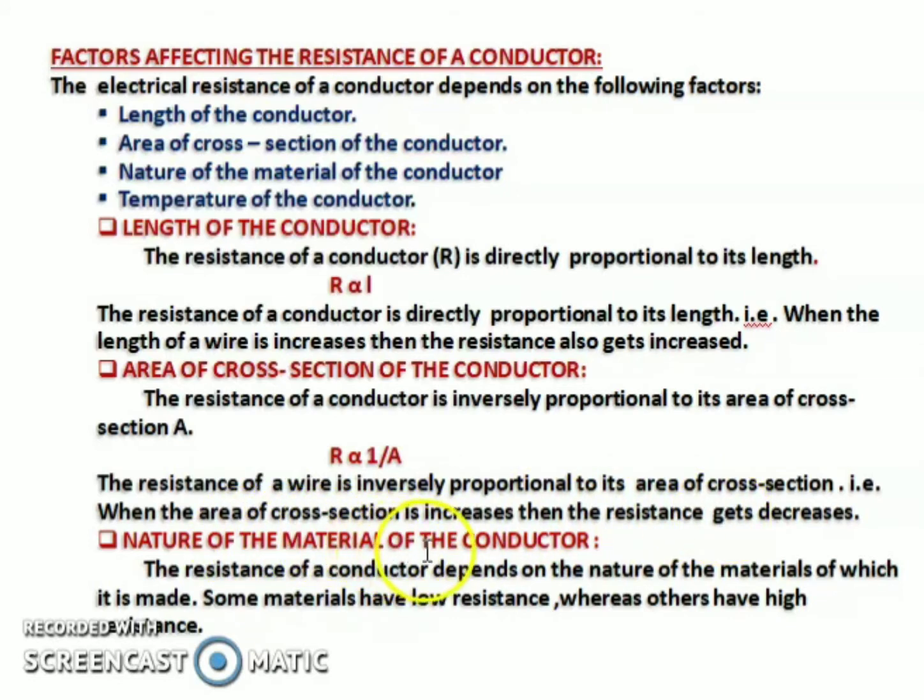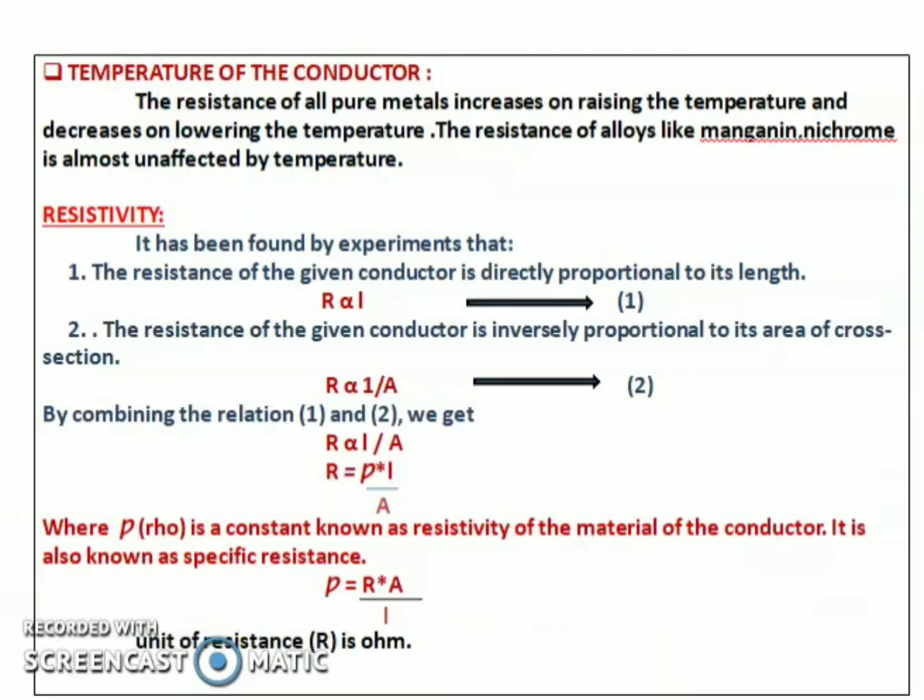Nature of the material of the conductor. The resistance of a conductor depends on the nature of the material of which it is made. Some materials have low resistance whereas others have high resistance. Temperature of the conductor.